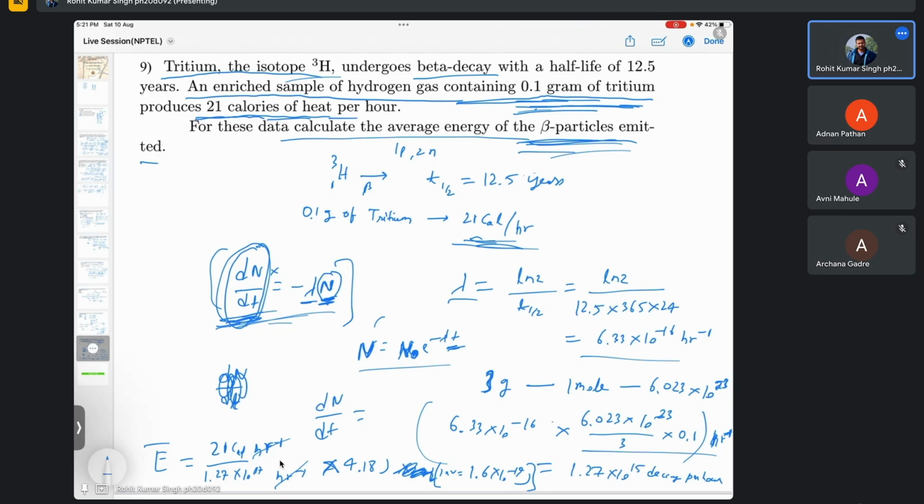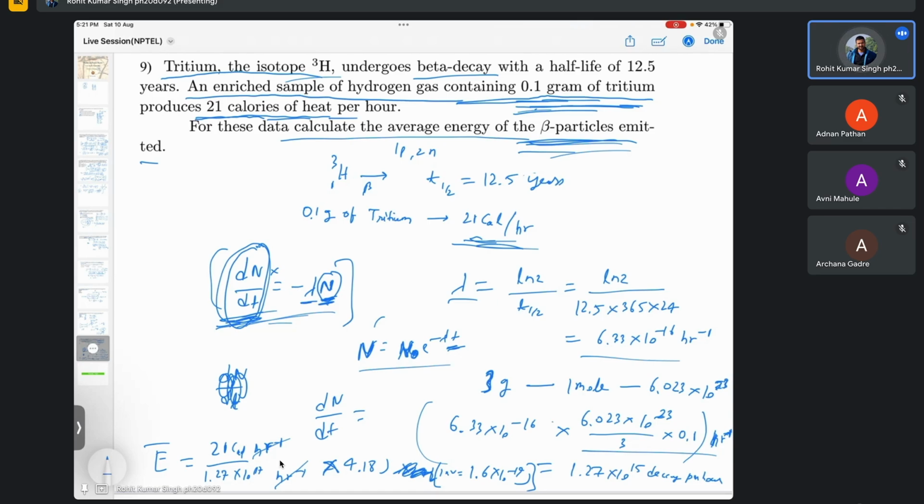It's there for week 4, sir. In week 3 we had till alpha. Yeah, I should have kept this for the next week, but it's okay. I thought there is nothing much involved about beta decay in this problem, so that's why I kept it.